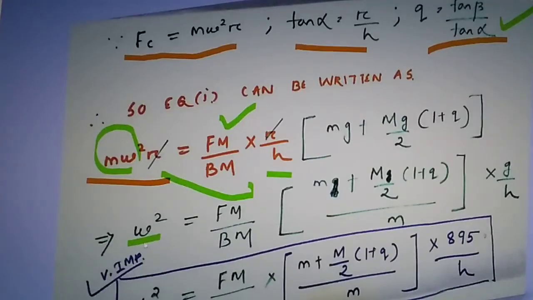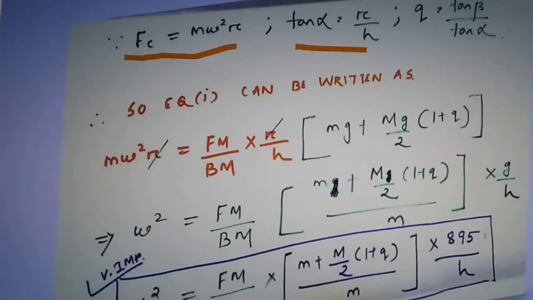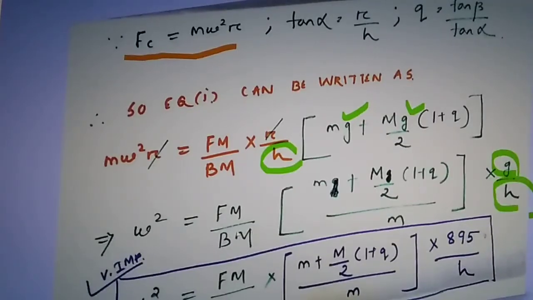Omega square is equal to Fm by Bm into G, we will take common, divided by this H we have taken common. So Fm by Bm into small m plus capital M by 2 into 1 plus Q divided by this small m. This small m we have taken here. And this G and H we have taken here.